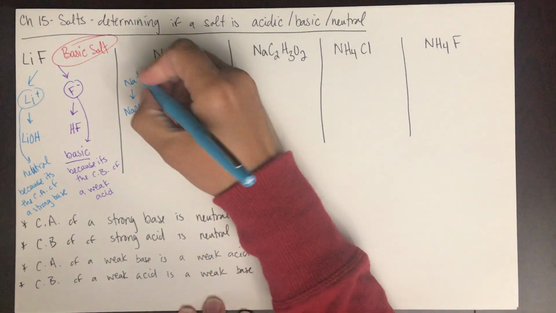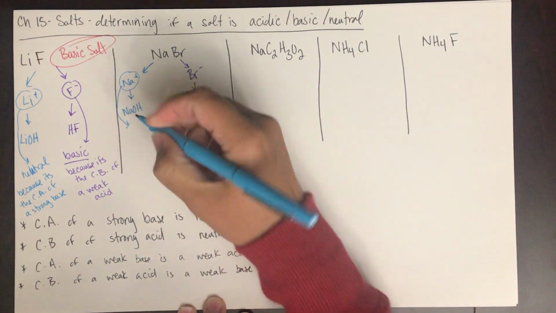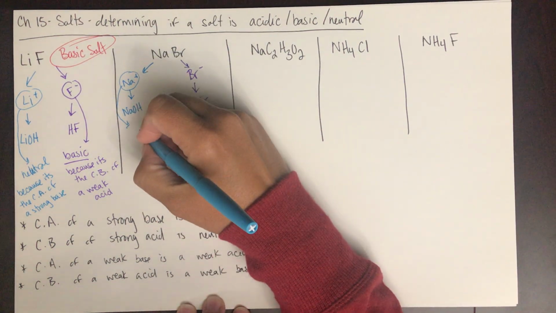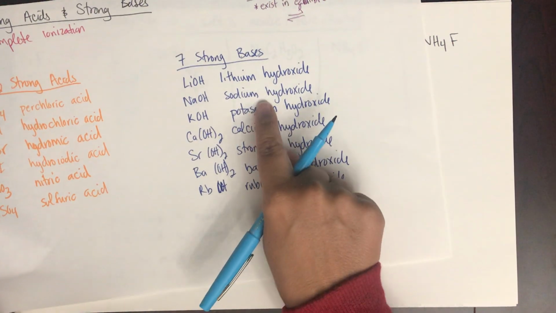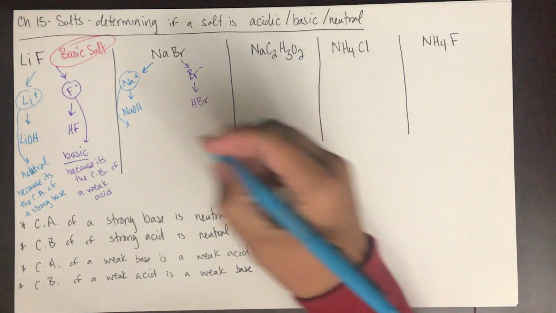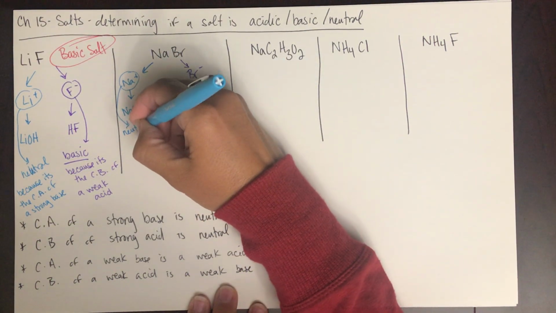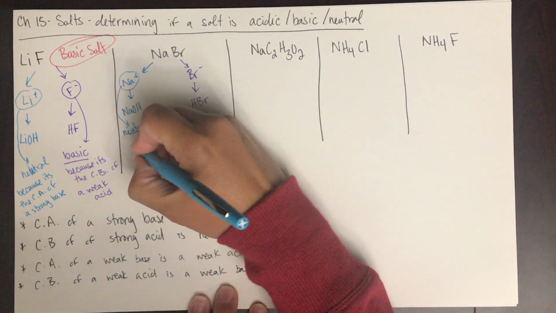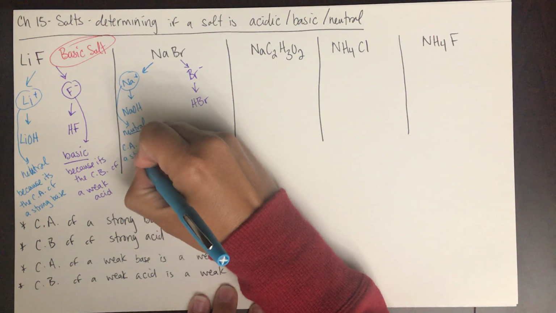So, because the sodium ion is the conjugate acid of a strong base, and here is sodium hydroxide on my list of strong bases, that means the sodium ion is neutral. It is neutral because it is the conjugate acid of a strong base.